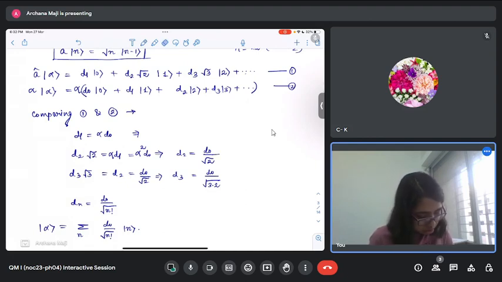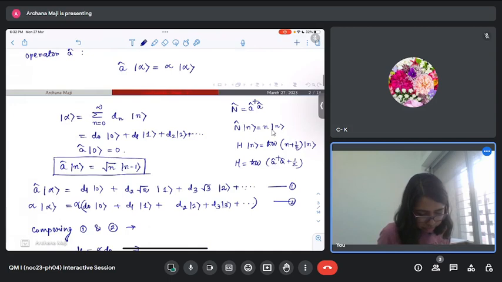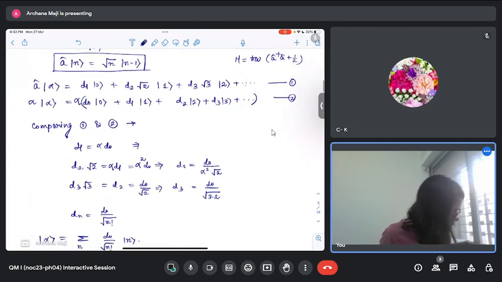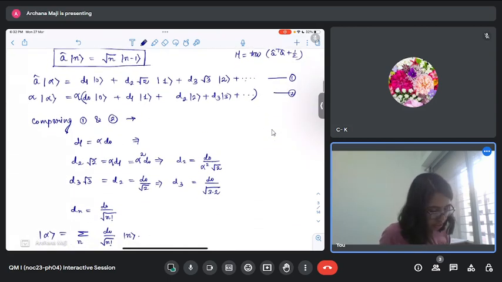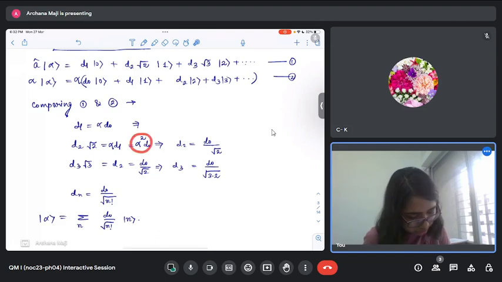alpha square d0 over square root 2. Am I making any mistake? Alpha square is in the numerator, right?